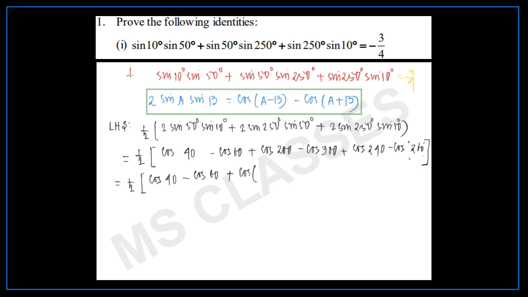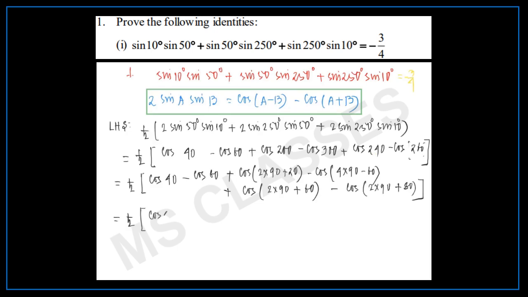We know cos 200 is cos(2 into 90 plus 20), minus cos(4 into 90 minus 60), plus cos 240, which we can write as cos(2 into 90 plus 60), and next cos 260 as cos(2 into 90 plus 80). Now we can simplify this as half of cos 40 minus cos 60 plus.